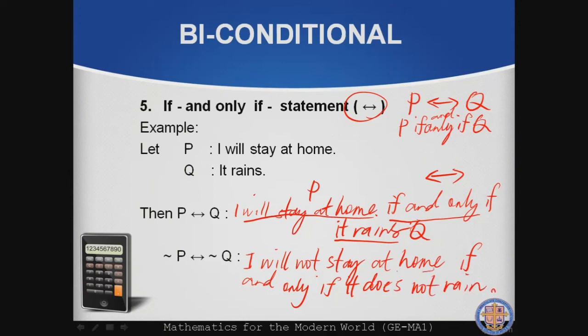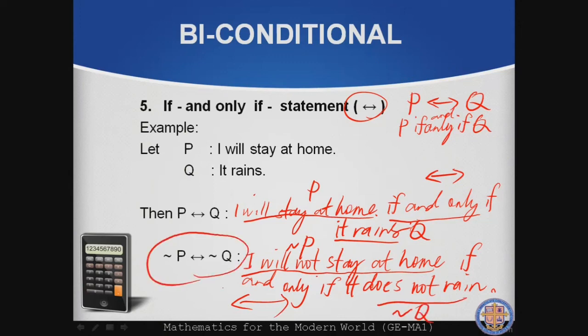Okay? I will not stay at home. Stay at home is your not P. Followed by this if and only if arrowhead pointing both sides. It does not rain is the negation of Q. So, we wrote the correct answer.